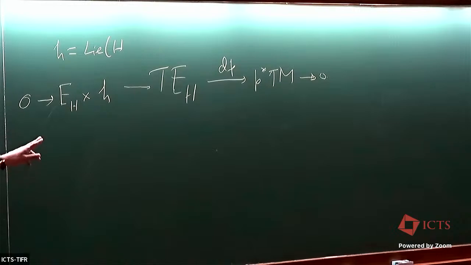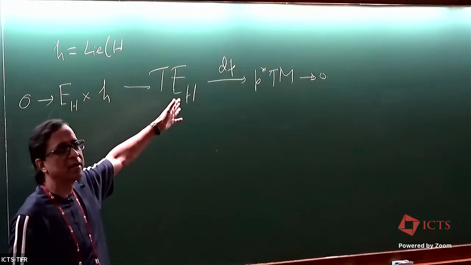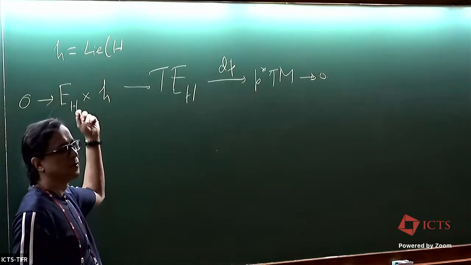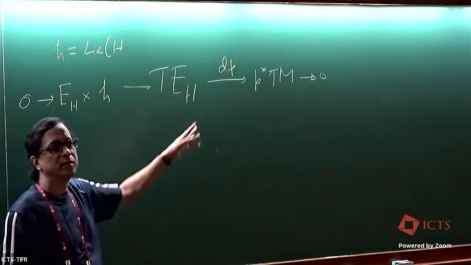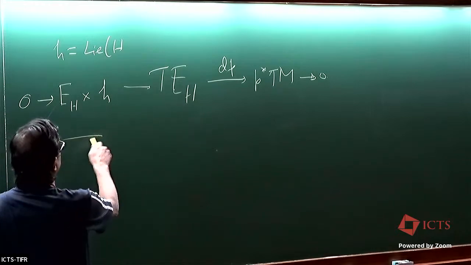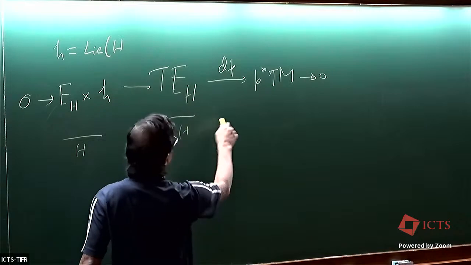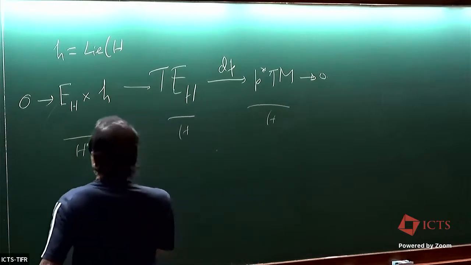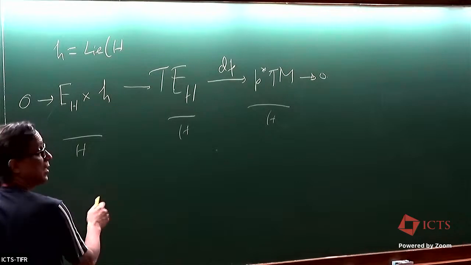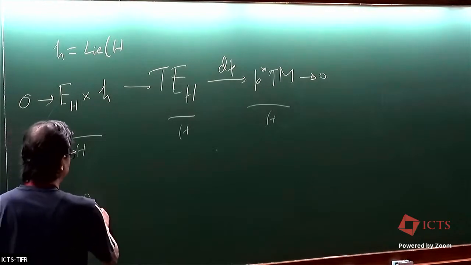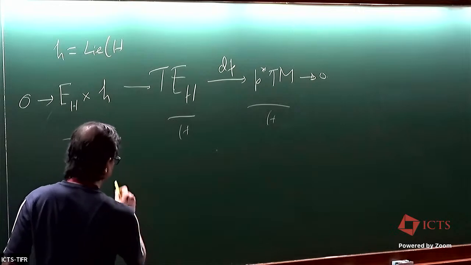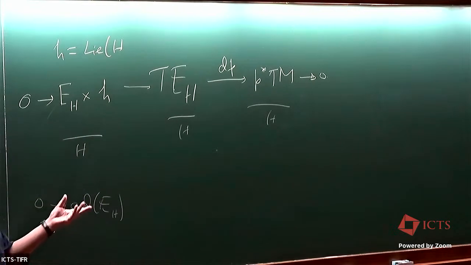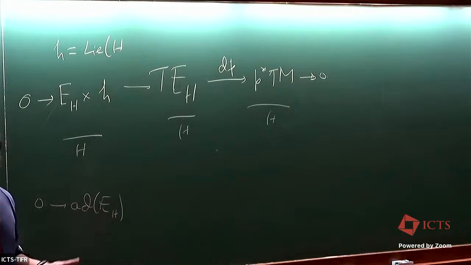Now the action of H on E_H produces an action of H on the tangent bundle. This preserves the vertical, of course, and so we can take the quotient by the action of H on all the terms. Here you get what you call the adjoint bundle. It is more or less the definition of the adjoint bundle. An alternative description is the vector bundle associated to E_H for the adjoint action of H on its Lie algebra.